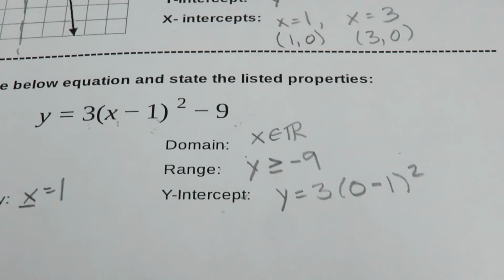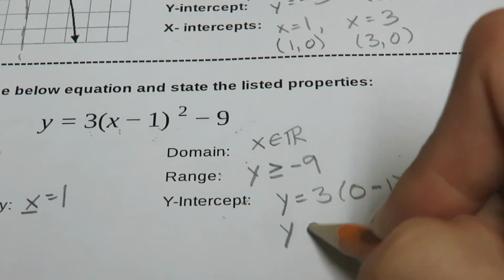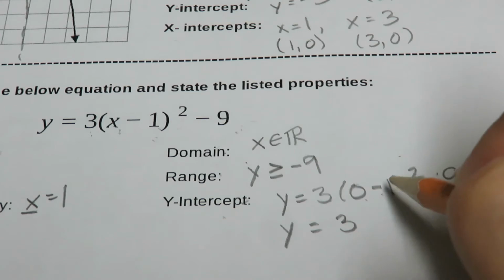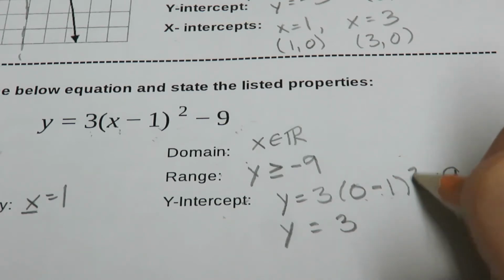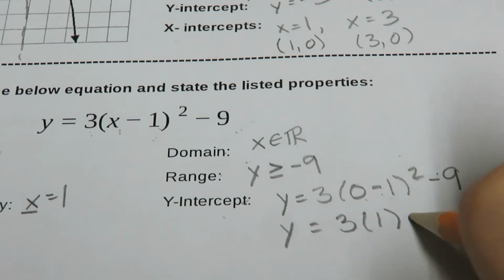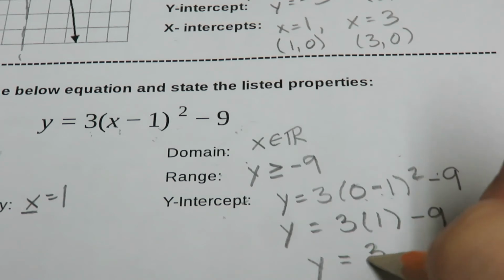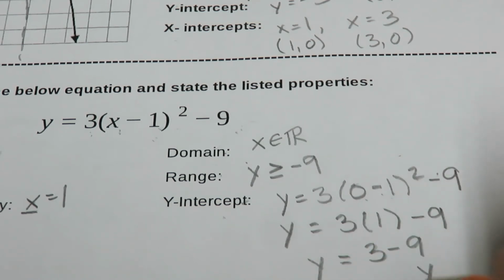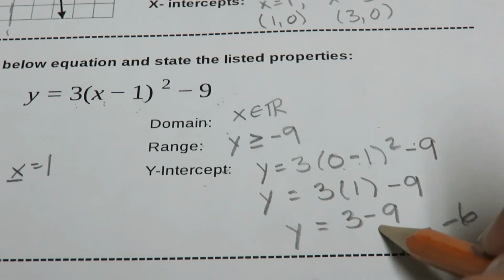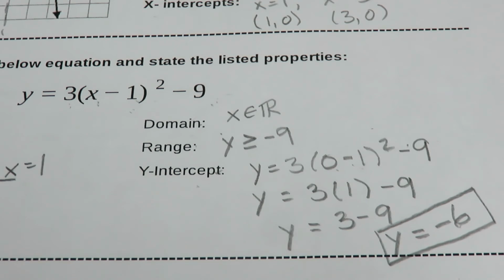Now I'm going to solve that. y equals 3 times 0 minus 1 is -1, and -1 squared is 1. -1 times -1 is 1, because a negative times a negative is a positive. Okay, so now that I have y equals 3 minus 9, in other words, I have y equals -6. So I know that my y-intercept, or it crosses that y line at -6.